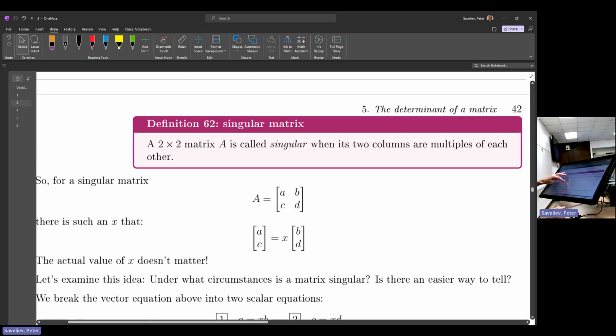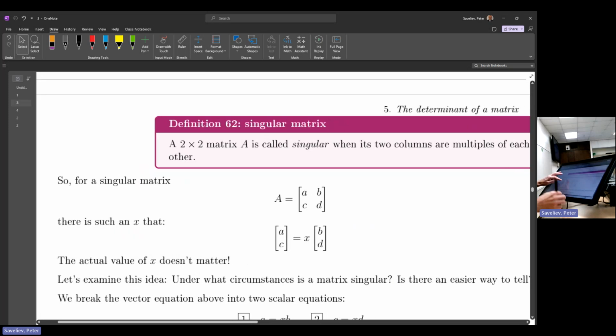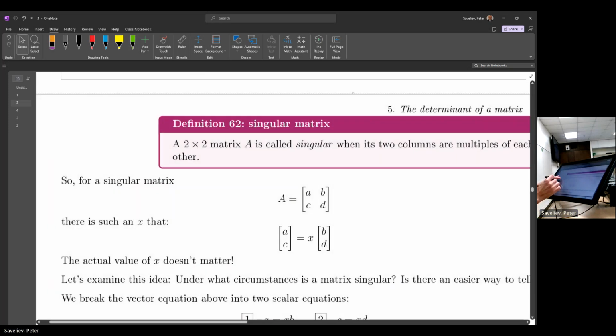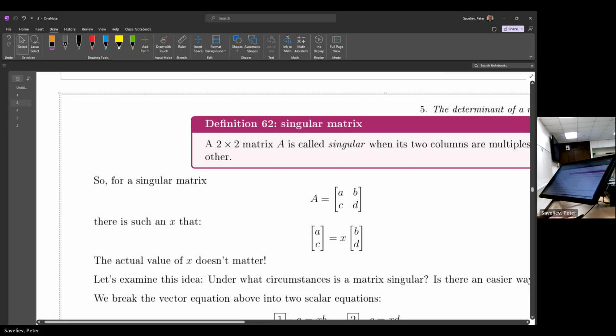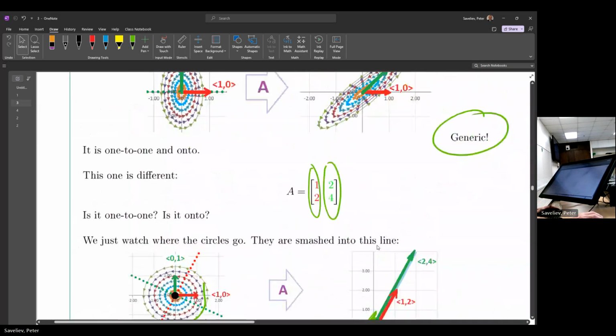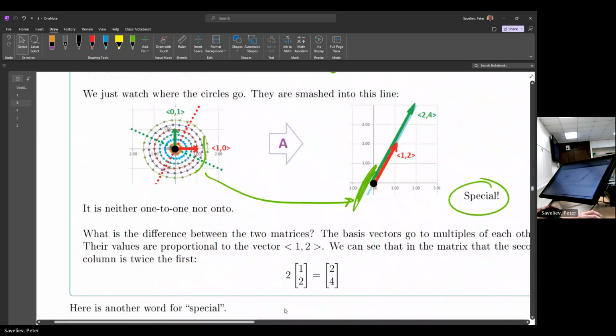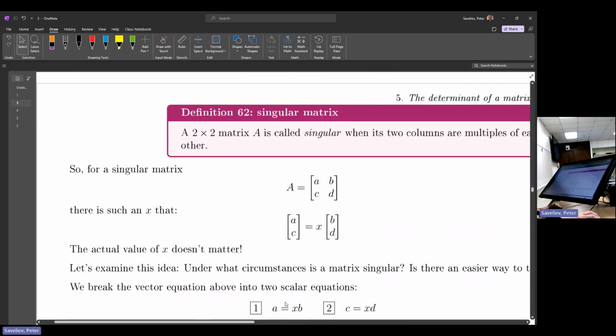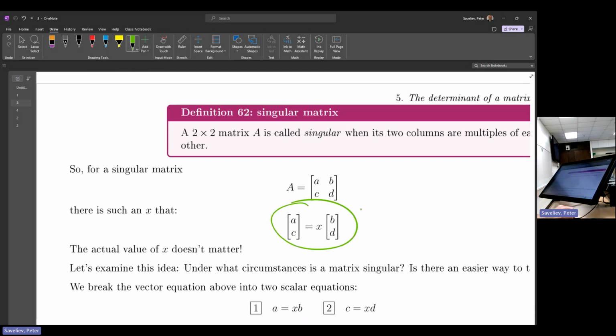Okay, so that's what we're going to examine now. Under what circumstances is a matrix singular? Let's jump pages forward. And the answer is, so this is the algebra, and let's find out what it means.